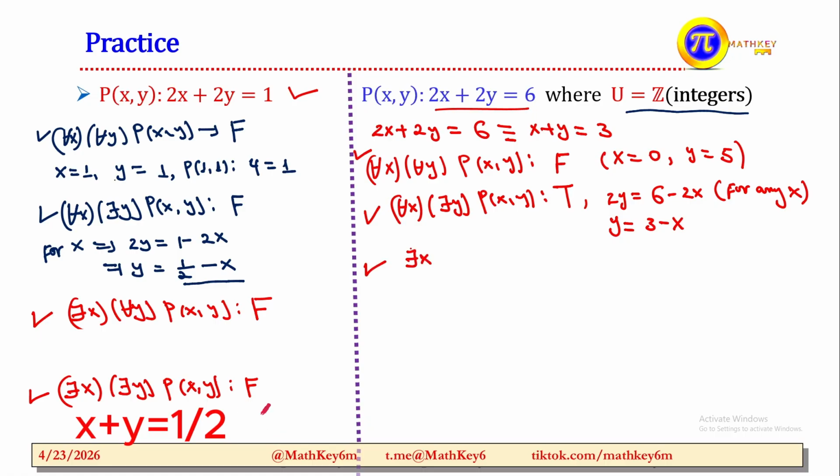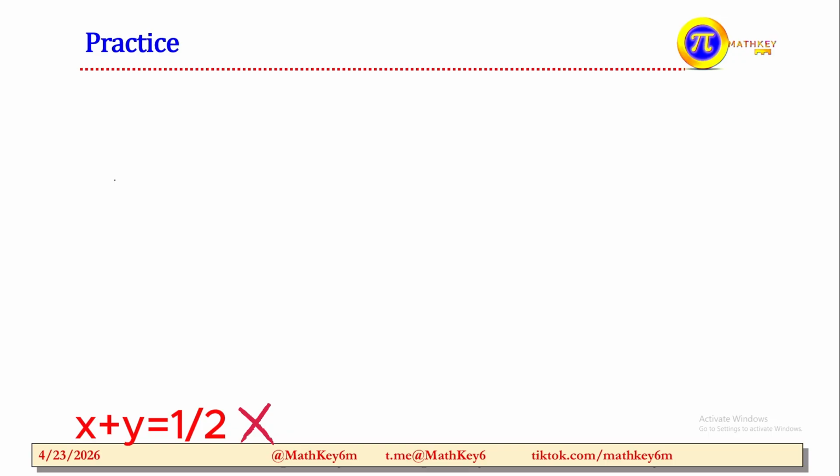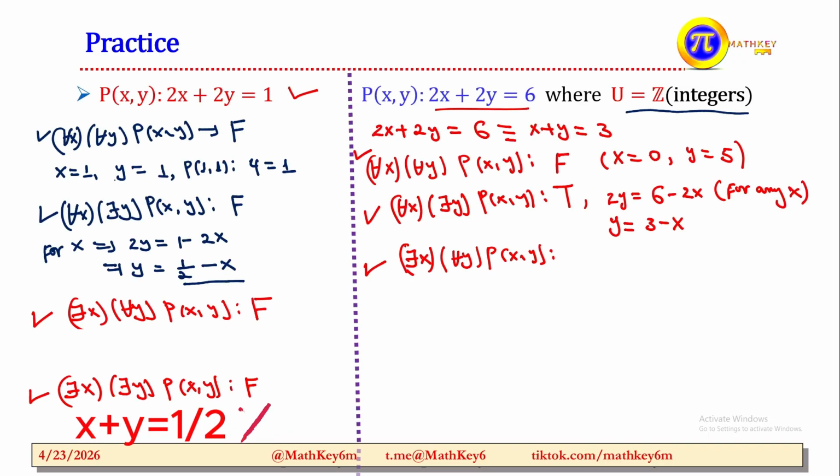Now, you know the difference between this one. There exists x for all y, the property p of x, y. Is it true or false? There exists x for all y, p of x, y. It shows that there is one x or some x's that satisfy for all y we have.